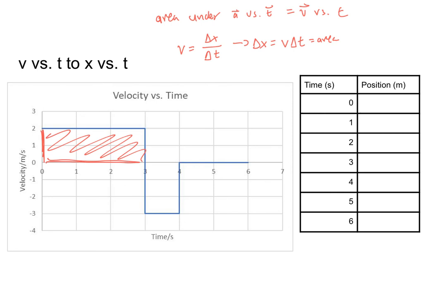More specifically, it's the area between the line of the velocity versus time graph and the x-axis.